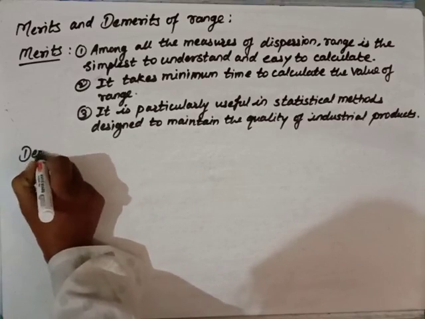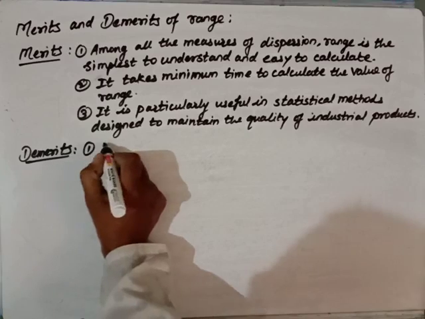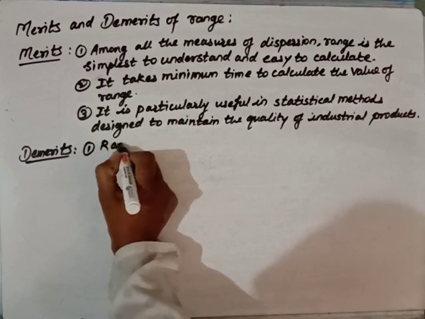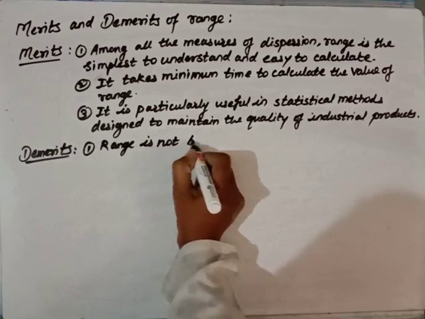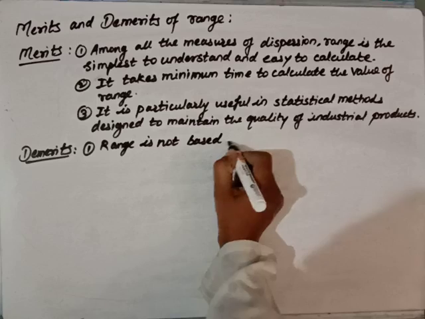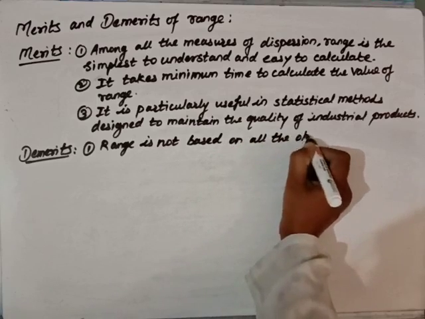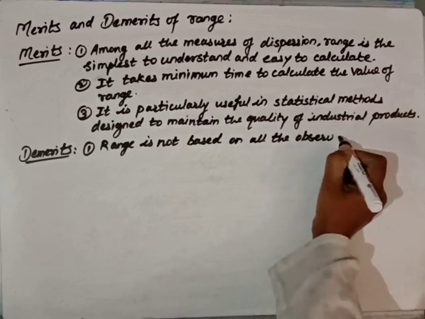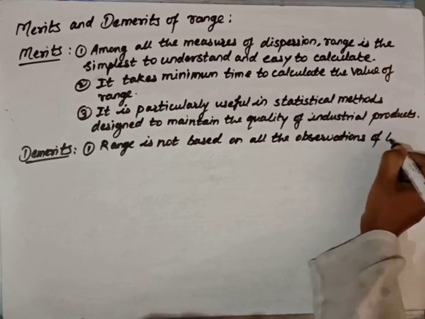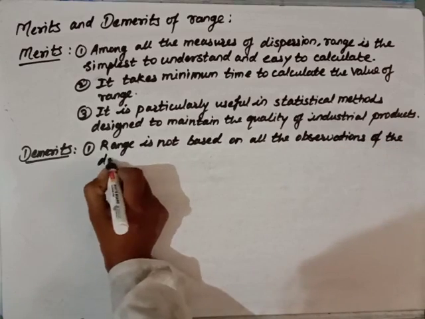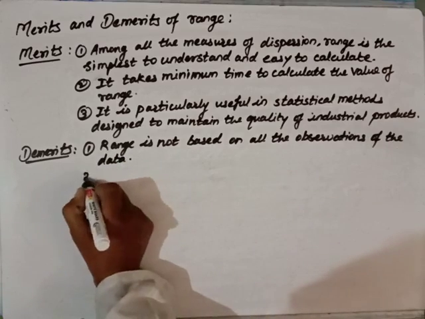Now let us see the demerits. The first one is that range is not based on all the observations of the data, as it needs only two observations, that is maximum and the minimum one.